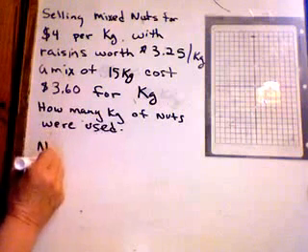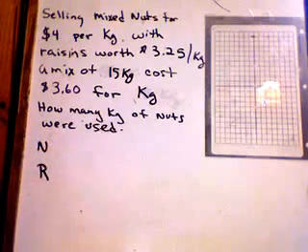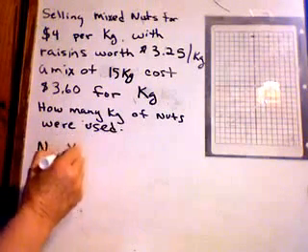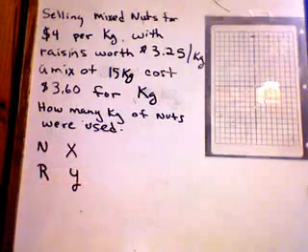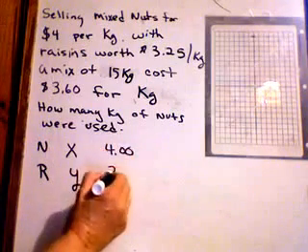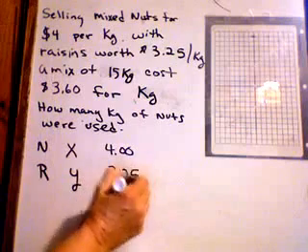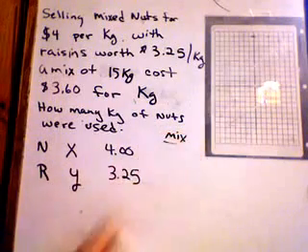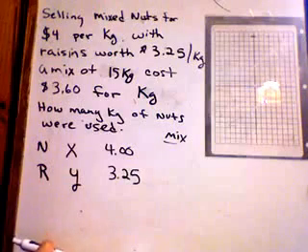We're talking about nuts and raisins, right? And we don't know how many kilograms of nuts or how many of raisins we have, so let's call that our x and our y. We know the nuts cost $4. We know the raisins cost $3.25.